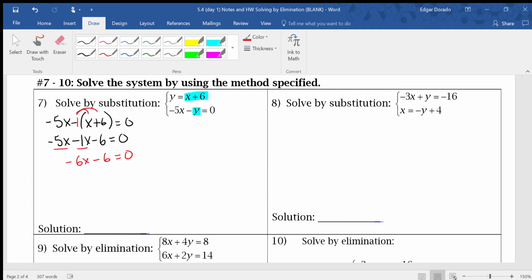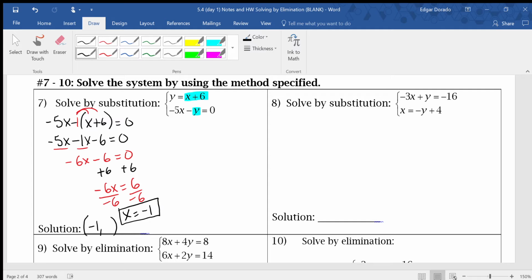I want to get the x by itself, so why don't I get rid of that 6 by tossing it to the other side. This is a negative 6x equals 6. I can now divide by negative 6 to get x equals negative 1. So that is part of my solution.